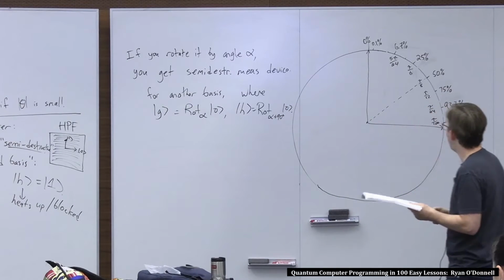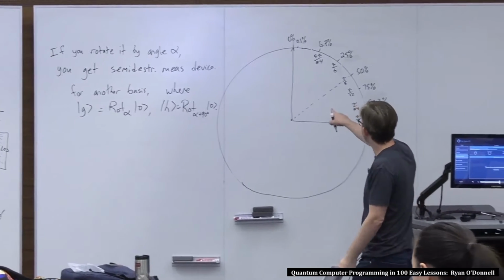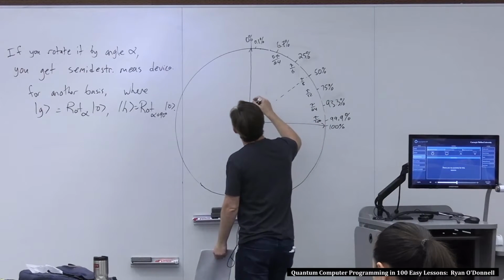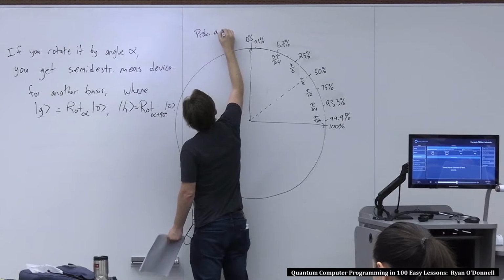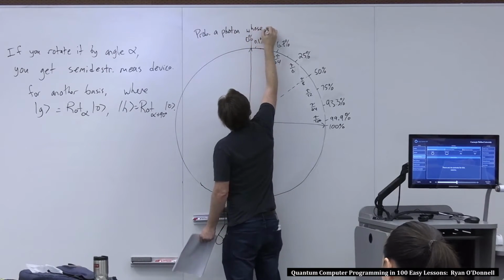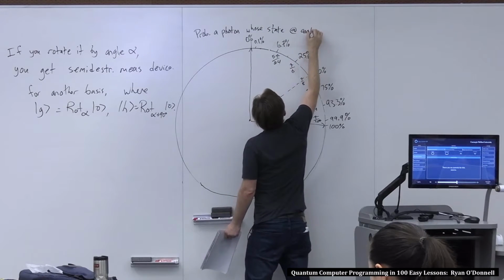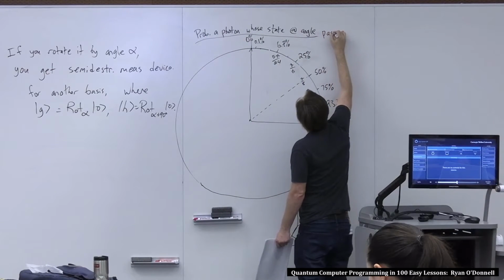Just so we're clear, I have this circle picture here, and these percentages show the probability that a photon or a qubit whose state is at this angle would pass through a horizontal filter.